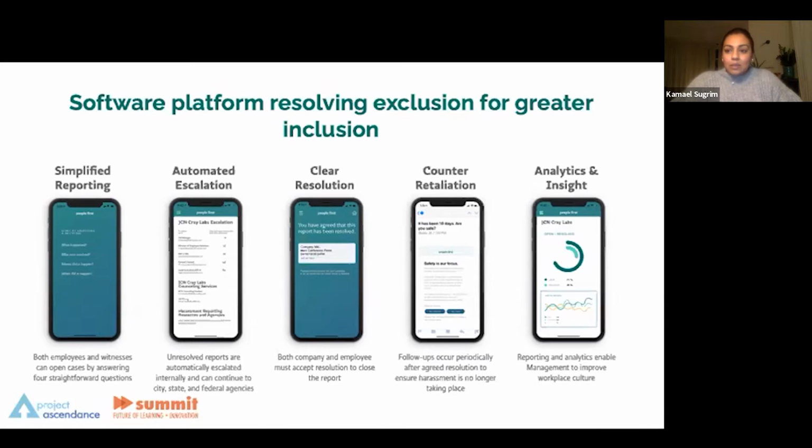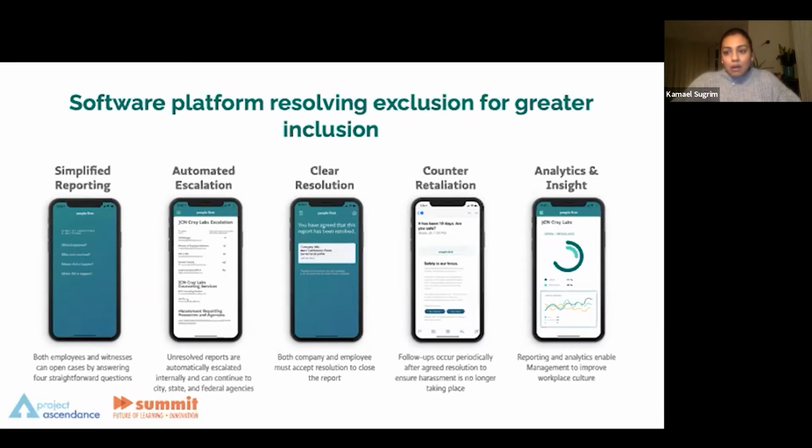A case can only be marked as closed when there's mutual agreement. That's a really important feature, because it balances out the imbalance of power that has allowed a lot of discrimination and harassment to happen in the past, by having people agree to the resolution that they want.